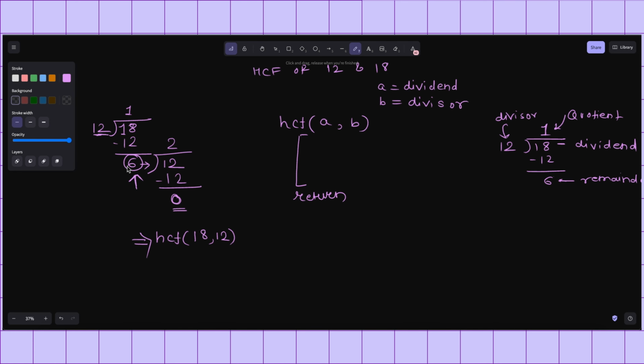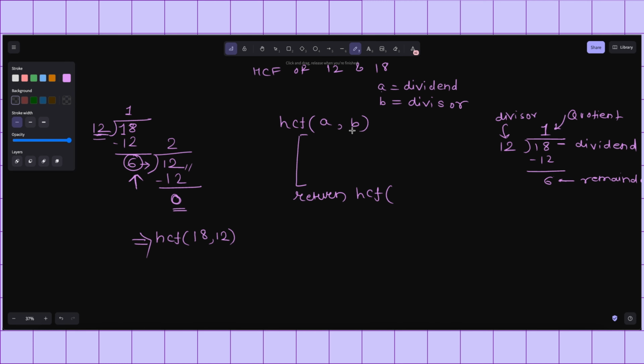Every time the new remainder that we have becomes the new divisor, and the current divisor that we have becomes the new dividend. So let's call this function again. Now a is my dividend. So what is my new dividend here? My current divisor is the new dividend.